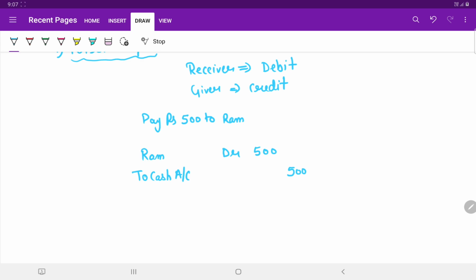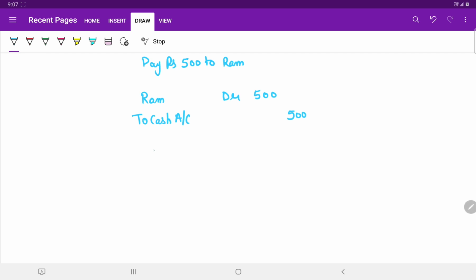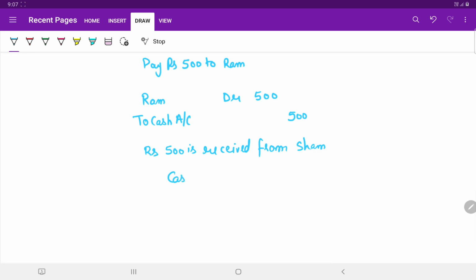So this is the cash paid to Ram. If the cash is received, for example, we are saying that rupees 500 is received from Sham, then our cash account will be debited because it is received in our cash account.